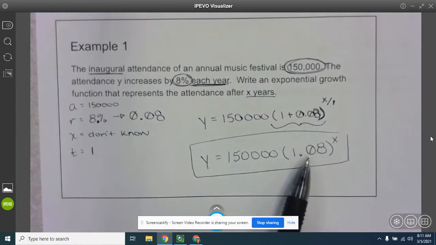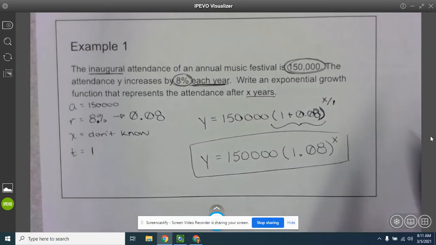Now, since this number here is greater than 1, I know that this is a growth function. Because remember, if my ratio is greater than 1, my output values are going up. So that is growth.